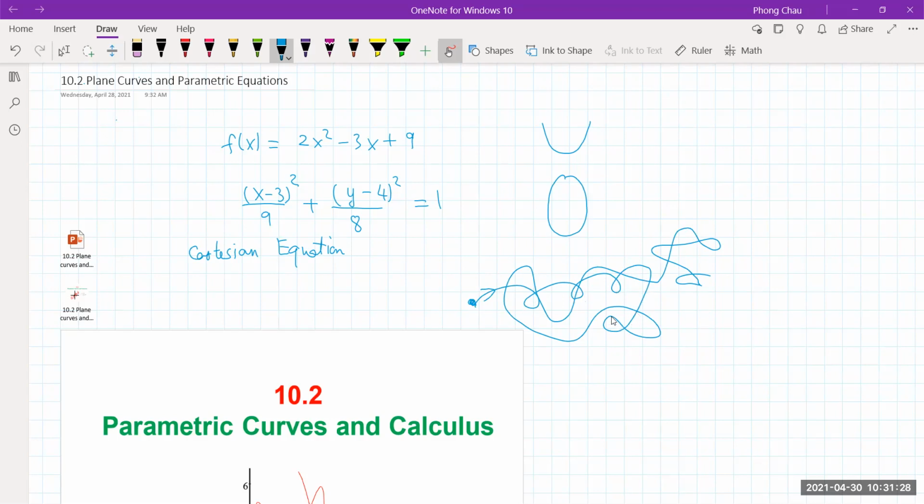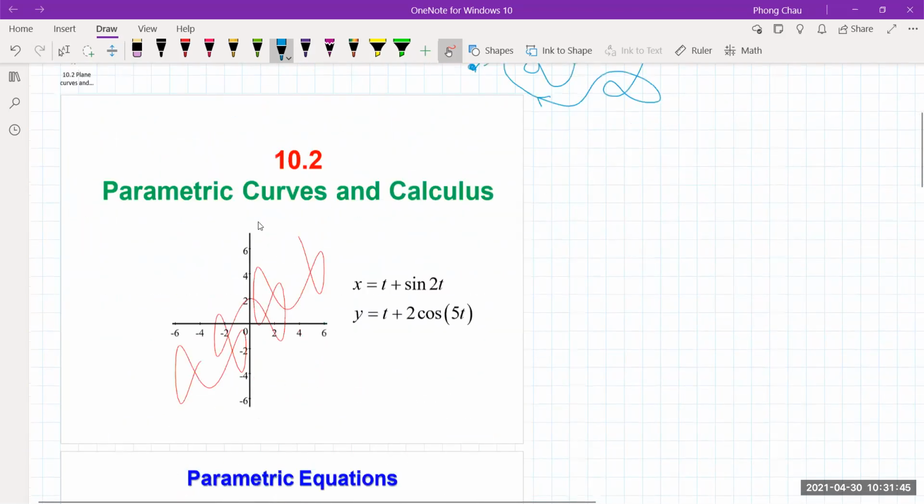If we care about the directions, then we need a different way to describe the motion, and that is called parametric equations.